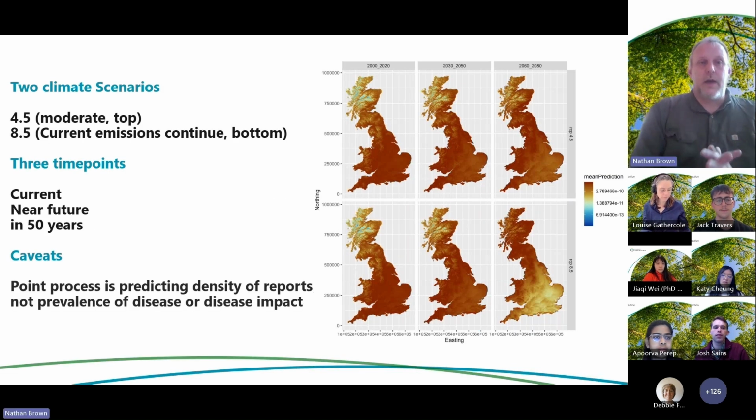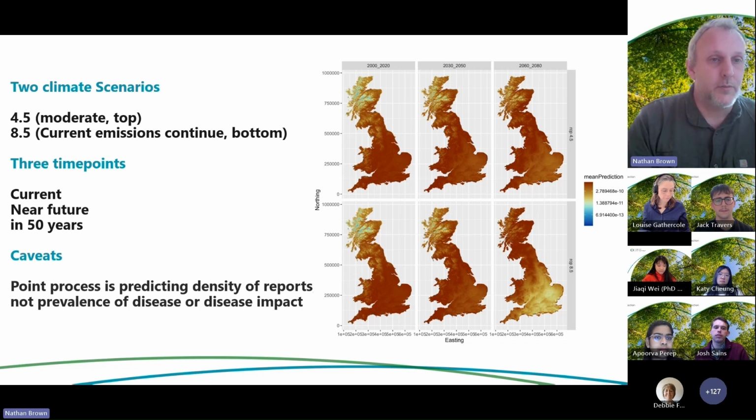We can then look at how this model might predict ash dieback occurrence in different climate scenarios. So we've got quite a lot of things shown here. Really, there's 2 scenarios. One, which is 4.5, it's fairly moderate, but it does involve us cutting emissions quite a lot. And then 8.5, which is really business as usual if we keep emissions at a similar level to where they are now.